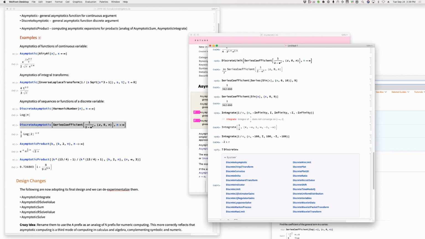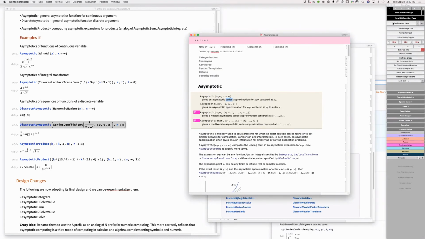An asymptotic series would make sense if it wasn't for the common one-term case. The description of discrete asymptotic is an asymptotic approximation to the discrete function. I just don't like discrete asymptotic very much.